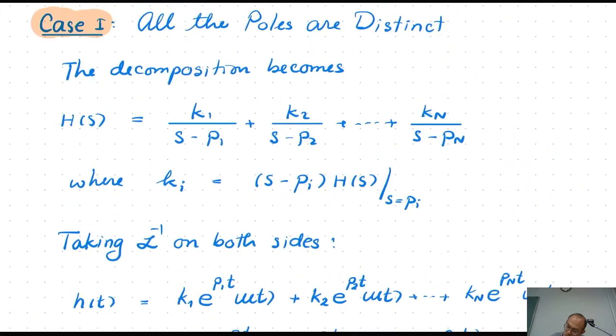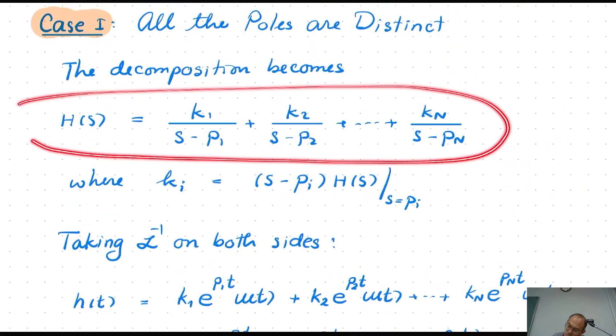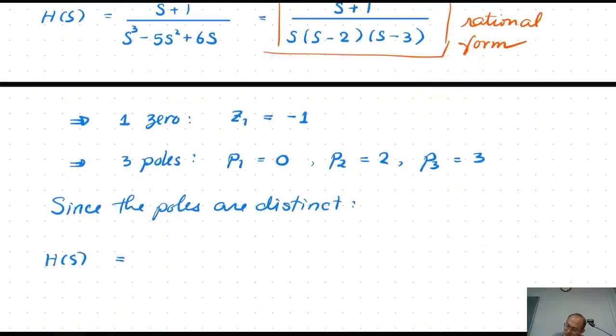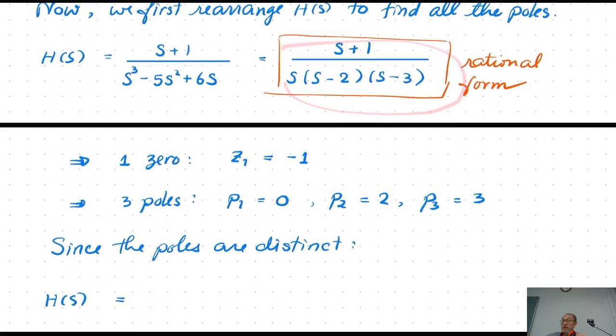So this is the partial fraction decomposition. We can decompose this into 3 terms, which is the number of poles, right?